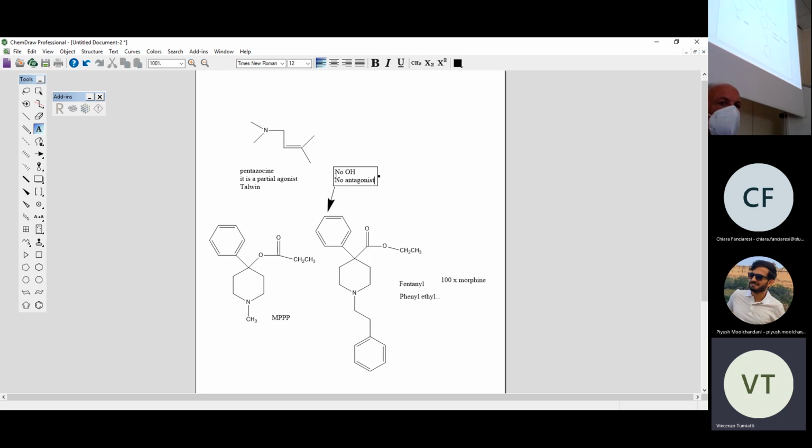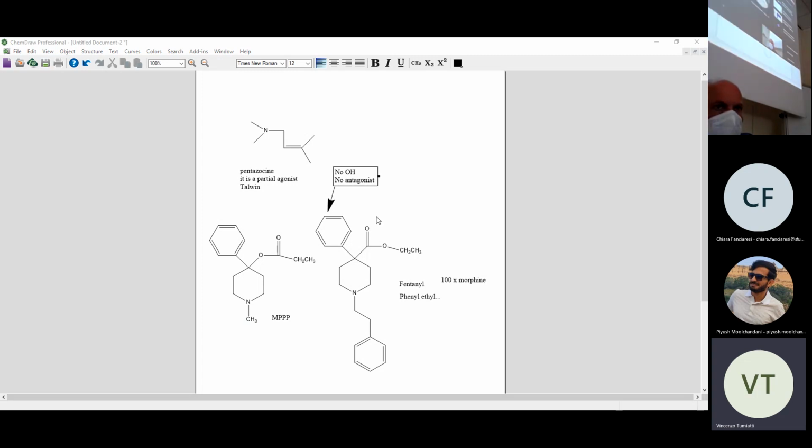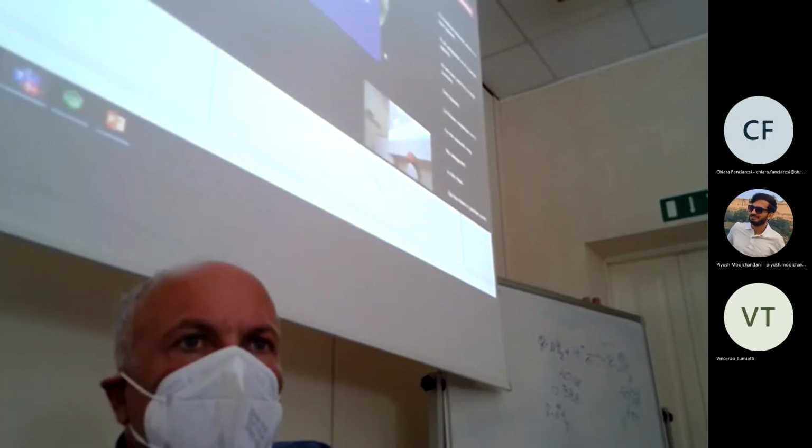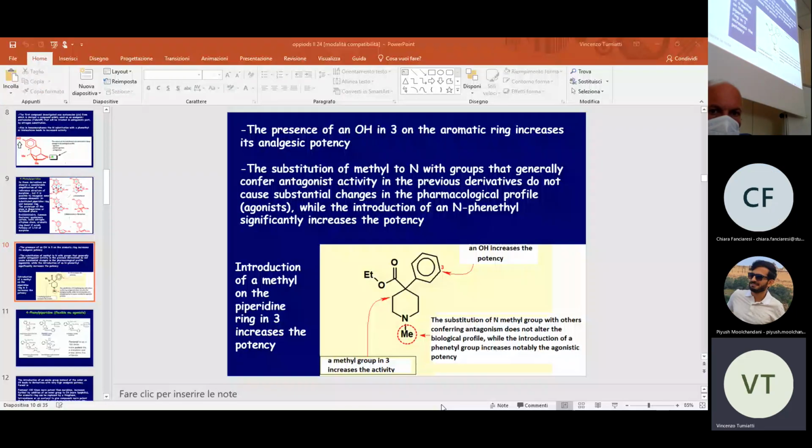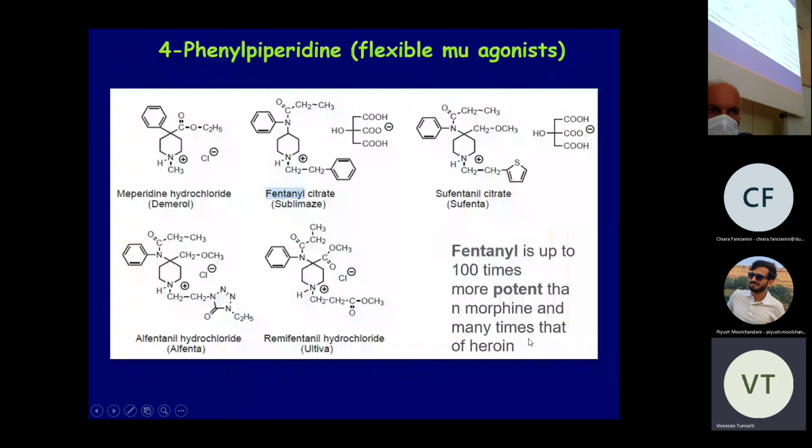But there is another point. Okay, here you can see meperidine hydrochloride, you see fentanyl, you see the phenethyl group on a nitrogen atom to increase the potency, a different group in 4 position.